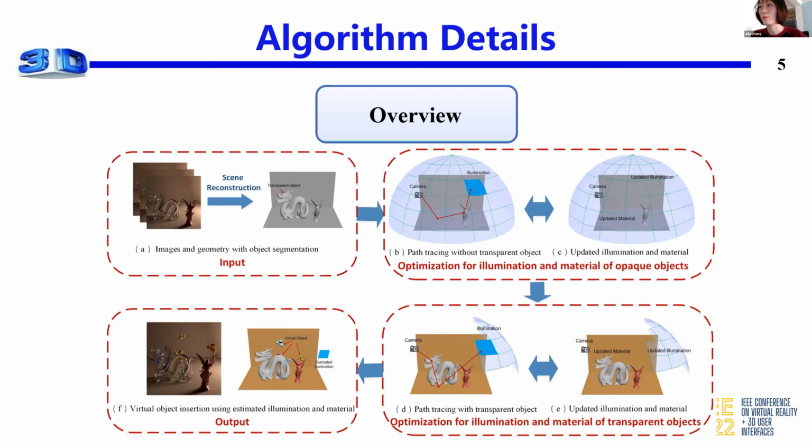In the second step, after adding transparent objects to the scene, all materials and the illumination are optimized together. In the output stage, the virtual object is inserted into the original scene by using the estimated illumination and material to render the scene to obtain the final result.